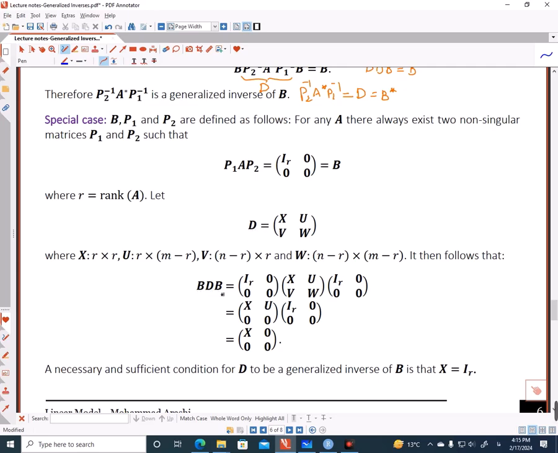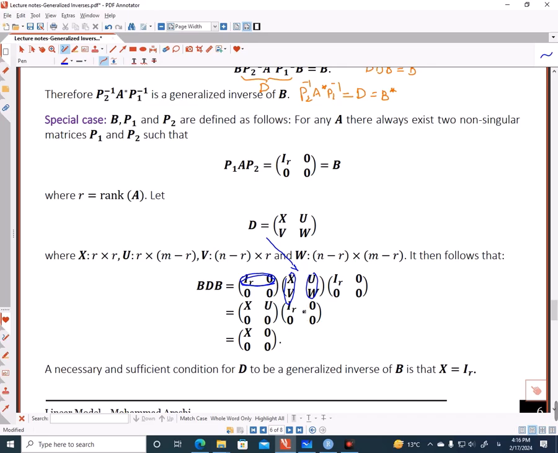So we have BDB. If I assume B is equal to this block structure, then we have this structure pre-multiplied by D. This is D actually, and then the matrix B again. If I compute the multiplication, for instance, if I multiply these elements with these elements and sum up with each other, then I have this structure.